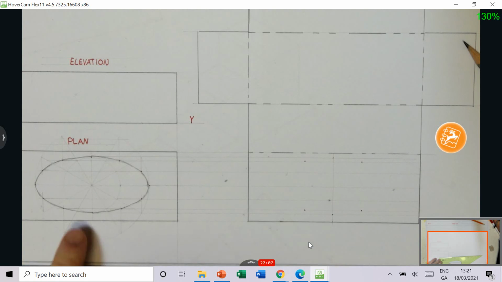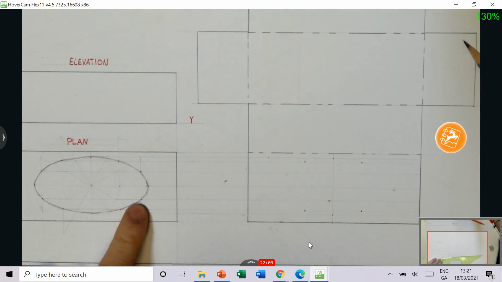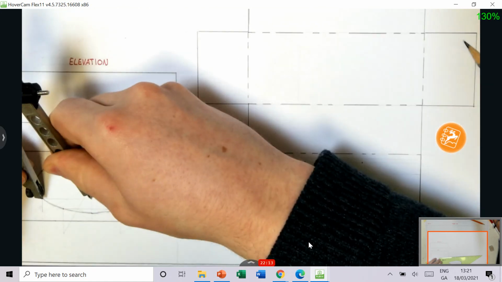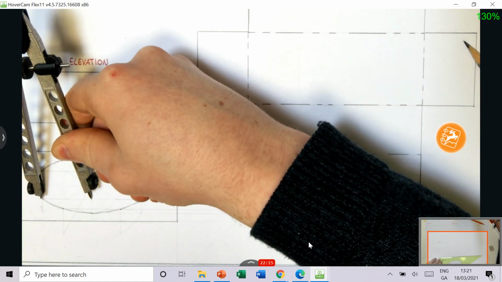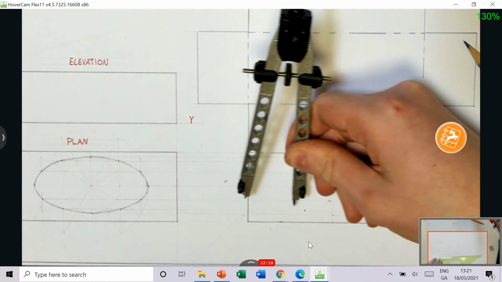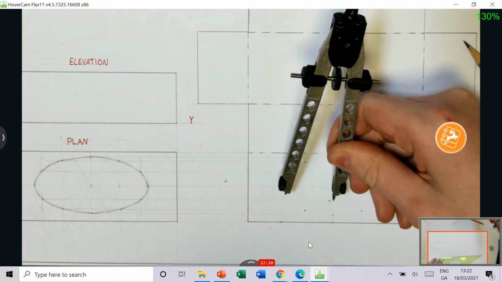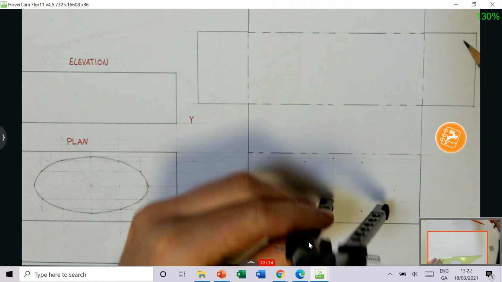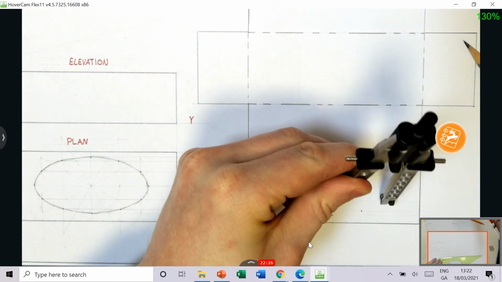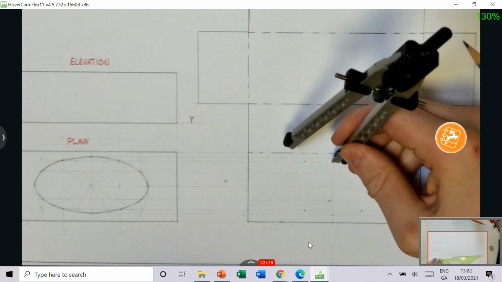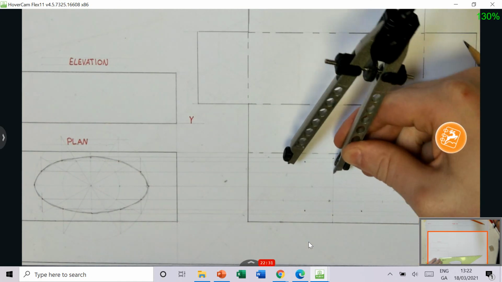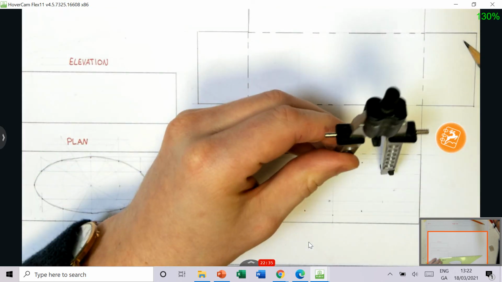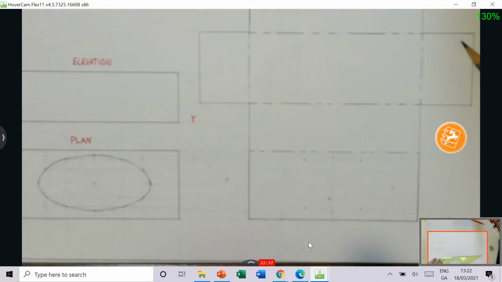Okay, let's do the same now with the next 2 points up. Okay, open my compass like so, go across that line all the way to the center and scribe 1 and 2, and come down to this point here as well and scribe 1 and 2.